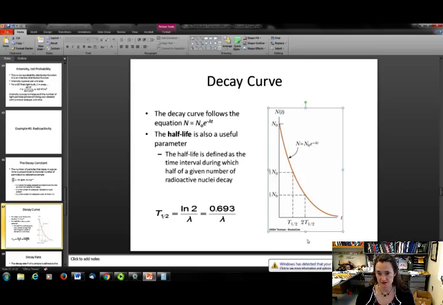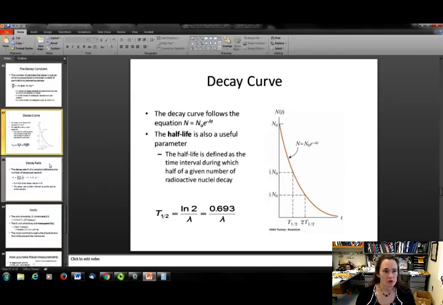The time it takes to go from N naught to N naught over 2 is your half-life. And your half-life is related to your decay constant: the half-life is equal to the natural log of 2 divided by lambda. That's pretty easy to see if you put N over N naught equal to a half and then take the natural log of both sides.